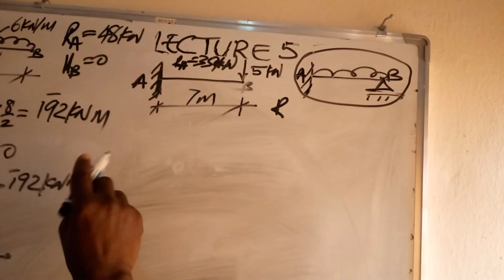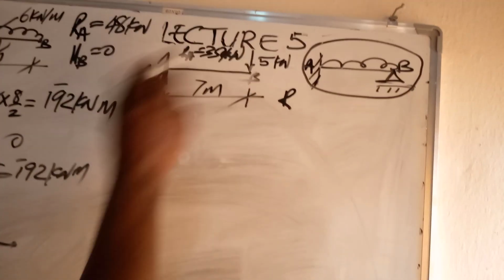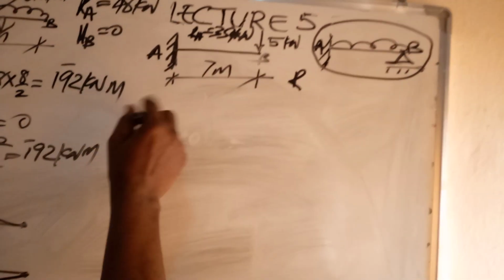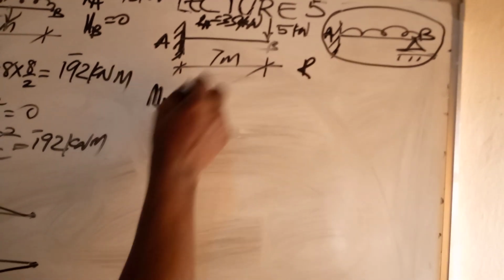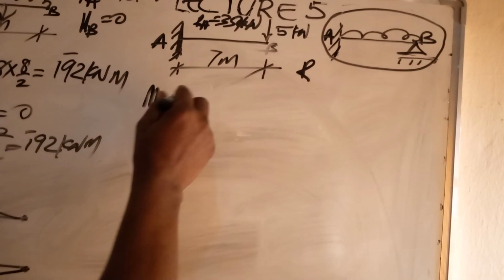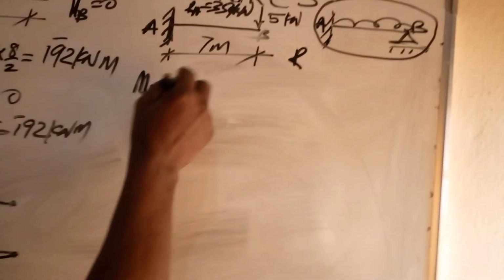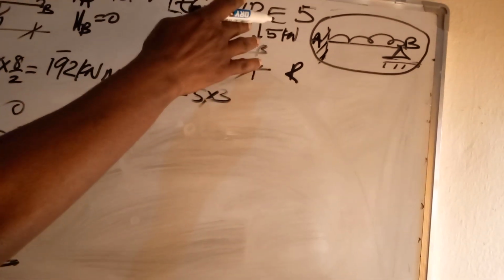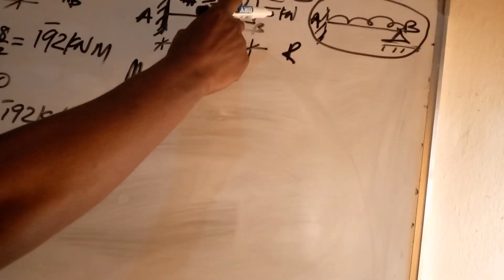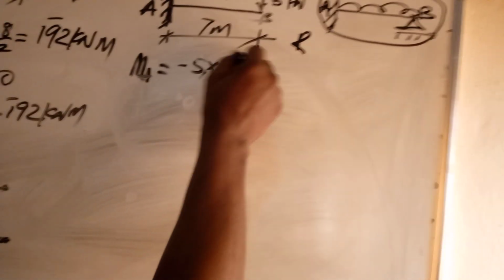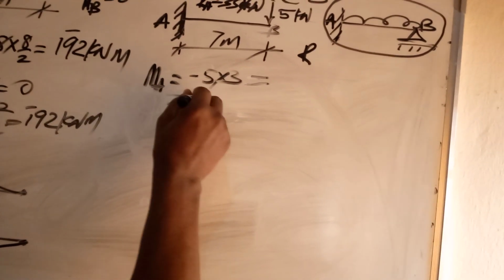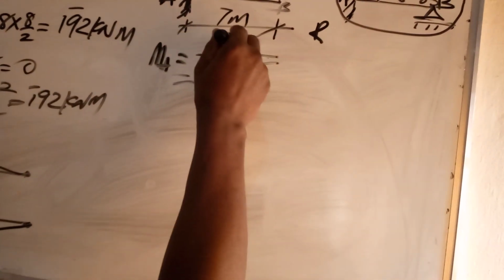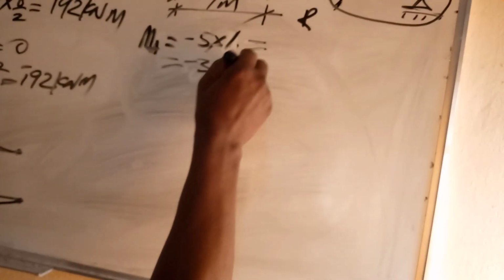To get the bending moment at A, where there is really bending moment, M at A is 5 times 7, because the 5 kilonewton load is making a moment, multiplying by the perpendicular distance, which is equal to minus 35.